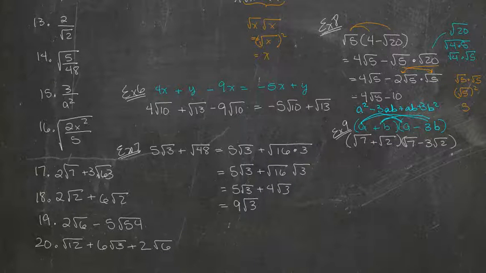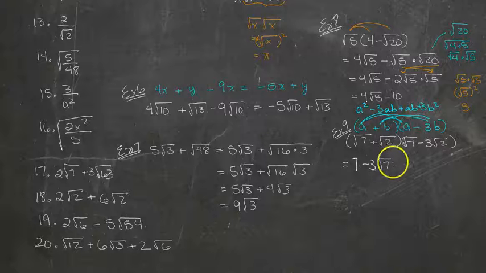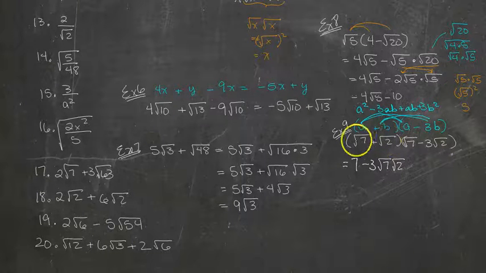Okay, so we're used to working with operations that look like this, but now let's do it with a radical. So I have root 7 times root 7. Well, we already know the square root of 7 times the square root of 7 is the square root of 7 squared, so that's just going to give me a 7. Then the square root of 7 times negative 3 root 2, that's going to be minus 3 root 7 times root 2. Then I'm finished with the first term, into the second number.